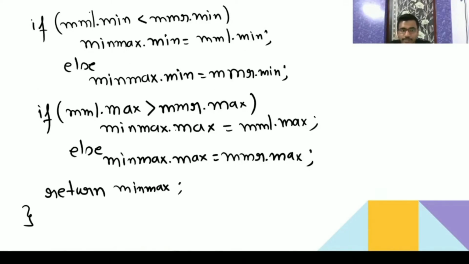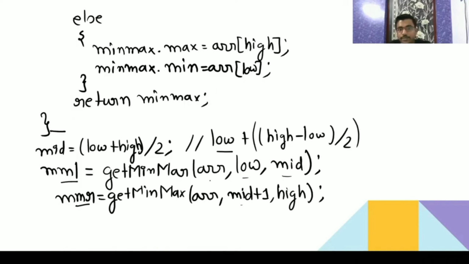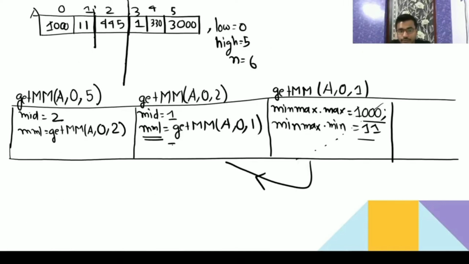After that, we are going to call getMinMax on mid plus 1 and high: getMinMax array, mid plus 1, that is 1 plus 1, 2, to high, which gives you the min max of the right hand side.